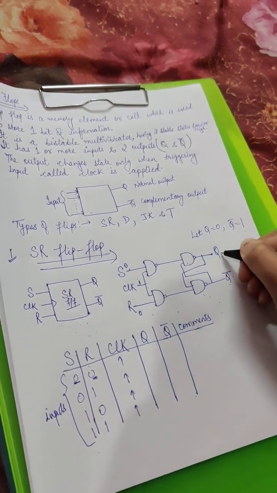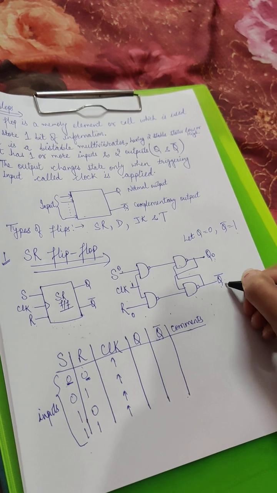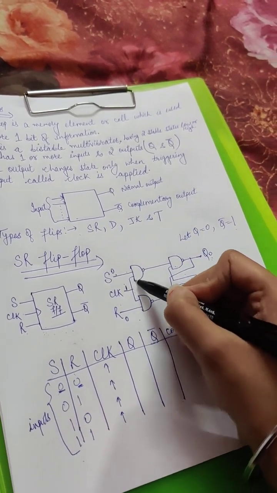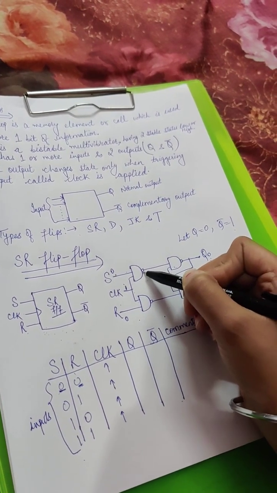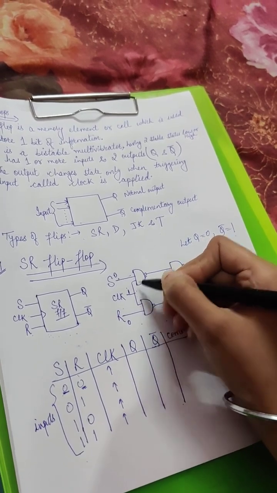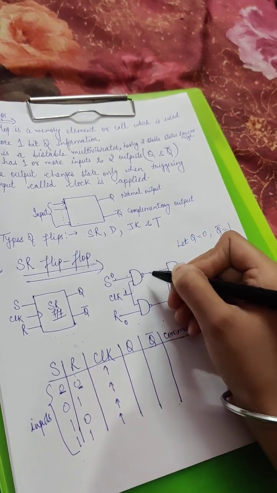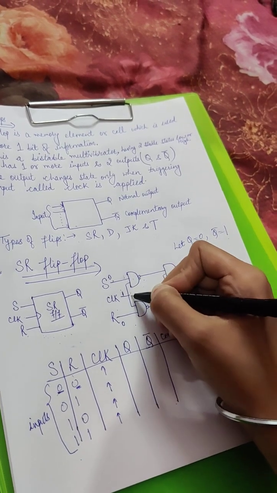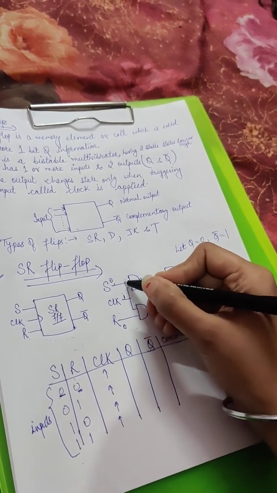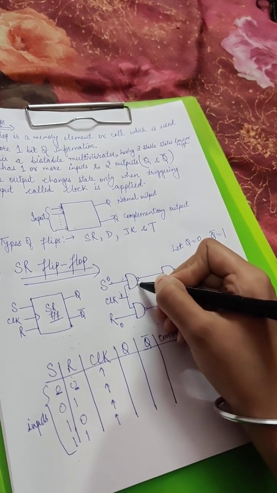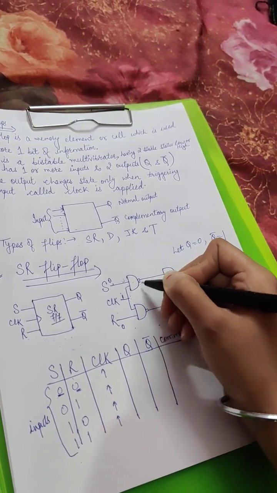And we have let that Q is 0 and Q bar is 1. So when input S is 0 and the clock is 1, then the output of this gate is 0 into 1. It is a NAND gate, and the output of a NAND gate is the complement of the multiplication of both inputs. If input is 0, then output is 1. If any of the inputs of a NAND gate is 0, then output must be 1.